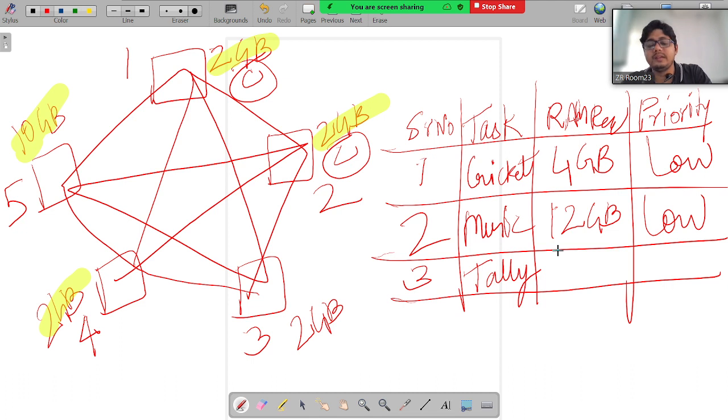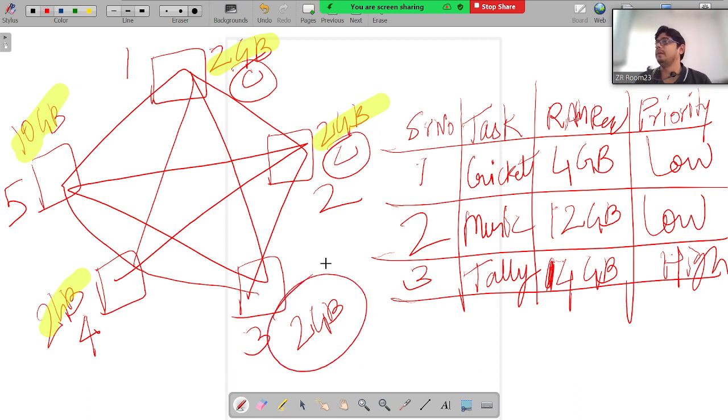So Tally requires total 12 GB or say 14 GB. But Tally is high priority. Now what will happen? Is 14 GB available in the grid? Only 2 GB available.